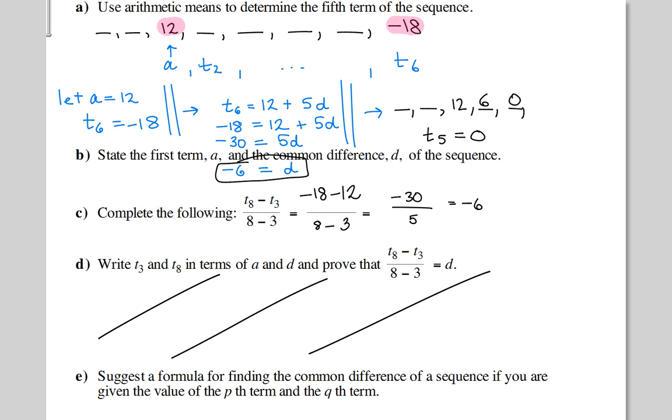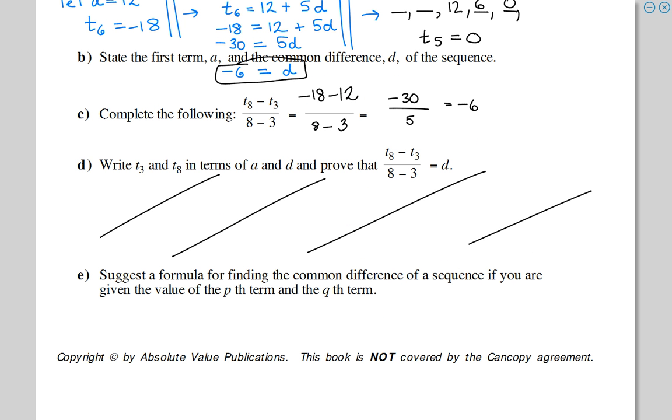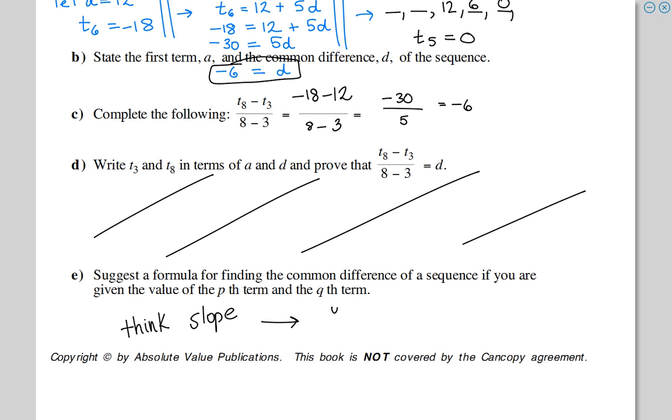Don't worry about D. It's all good. Okay, so for E, we'll just put think slope, just to remind you if you're studying later. Think slope, y2 minus y1 over x2 minus x1.